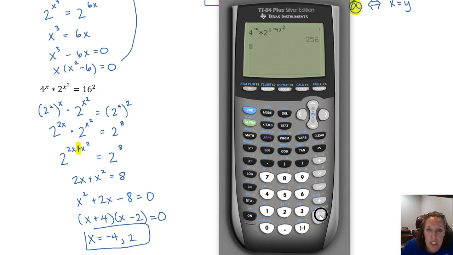That's going to be our left-hand side. And is that equal to 16 squared? It is. We can do the same thing plugging in the 2. We'll get 4 squared times 2 raised to the 2 squared, which also gives us 256. All right, I'll see you guys next time.